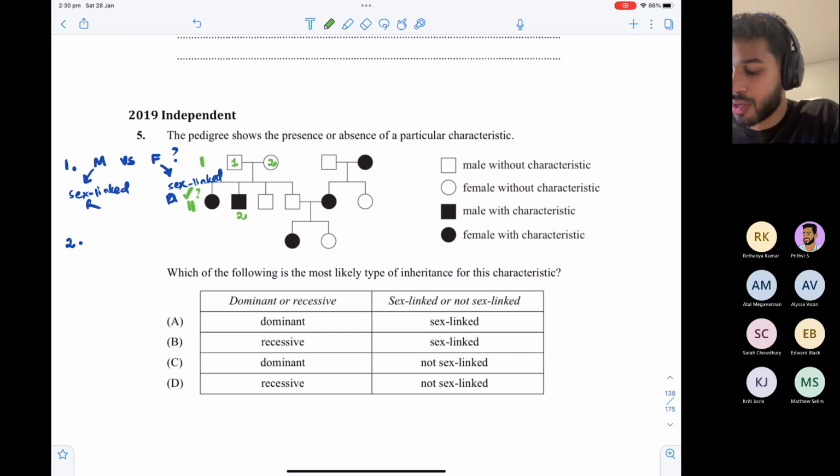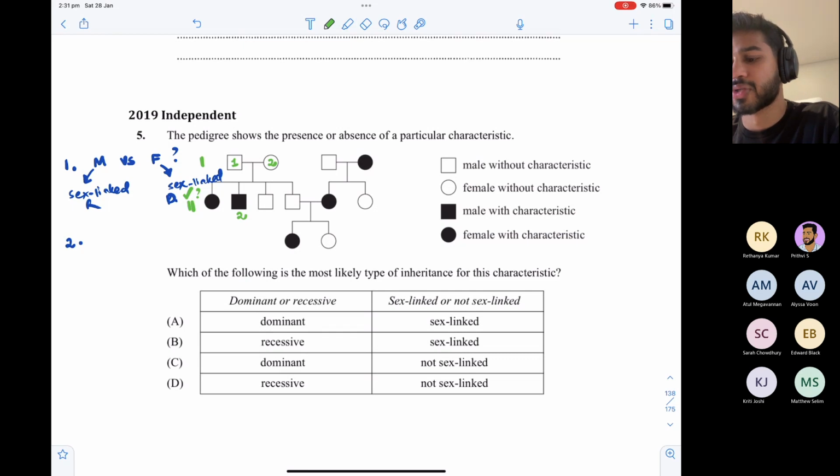Now, can anyone tell me what this is telling you? When you see two parents that are one color, a child that's the opposite color. In terms of autosomal inheritance, there is only one possibility in which this could happen. I want you guys to think. I don't want to spoon feed us.